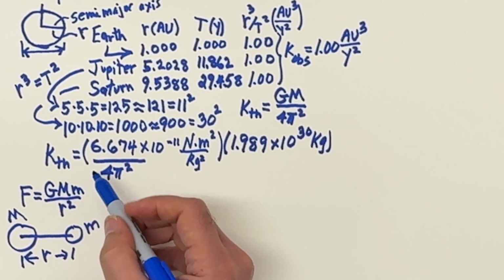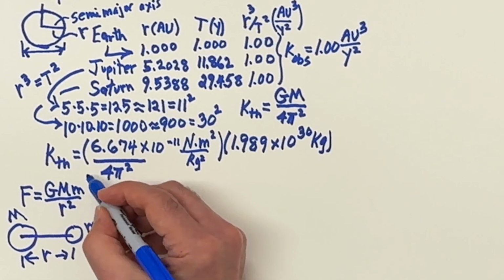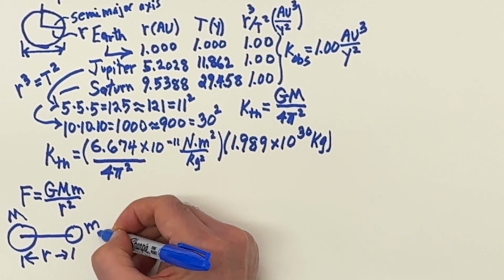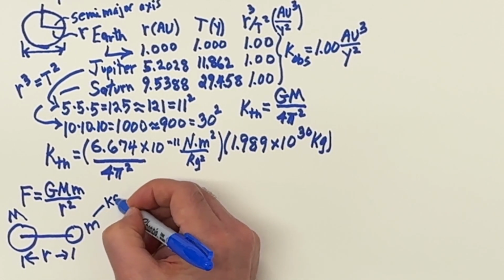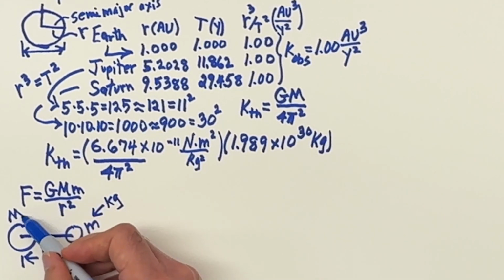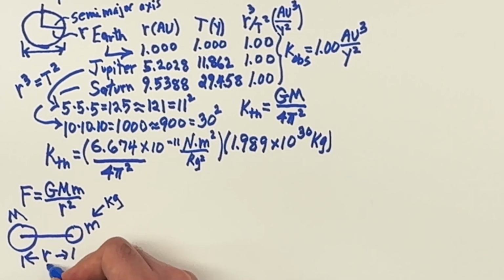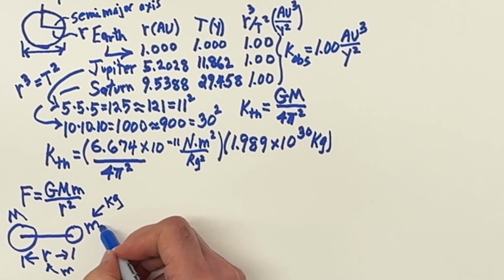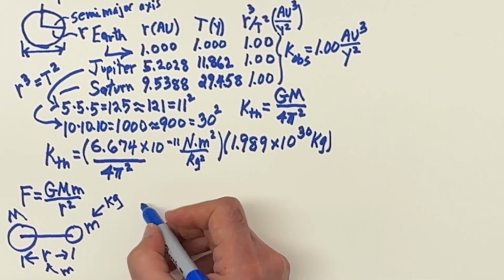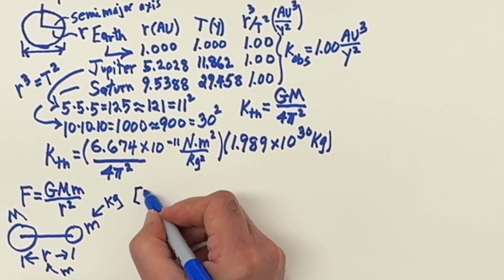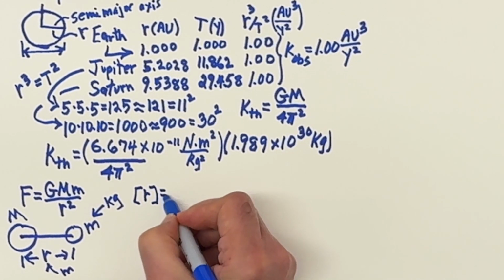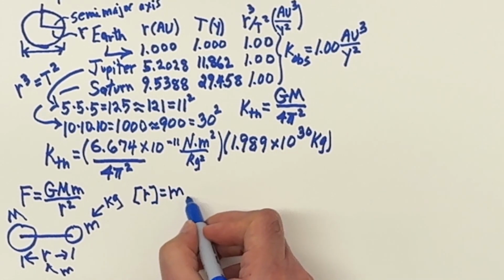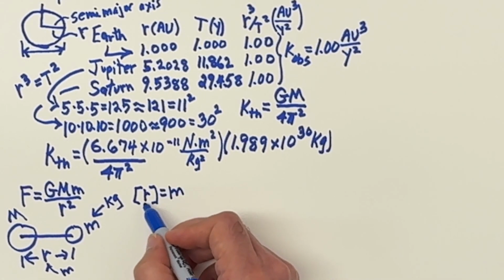And let's look at some dimensions. Now, the dimension for m is going to be kilograms. And then r is going to be meters. Now be careful that this is mass and this is meters. And to keep that straight, we might say the unit for r is m.